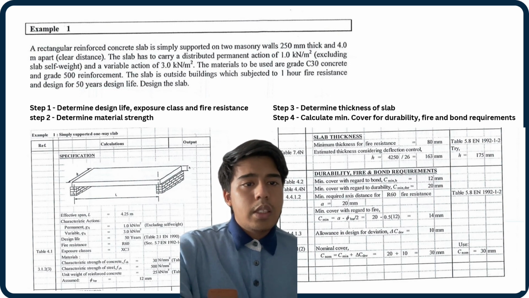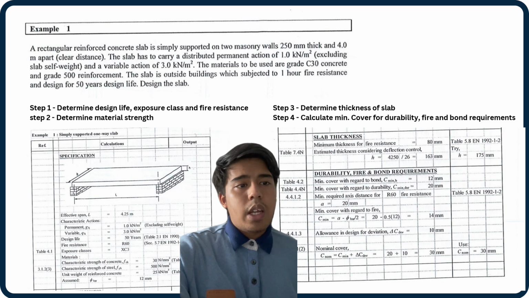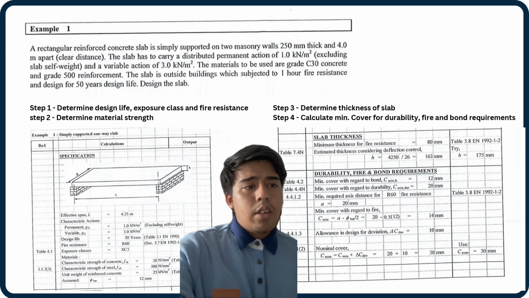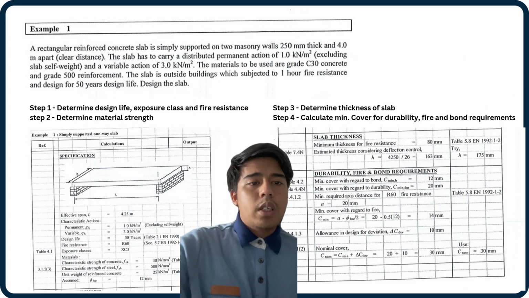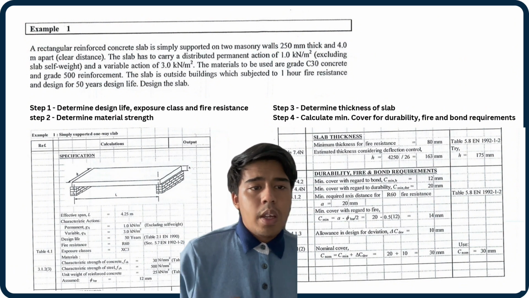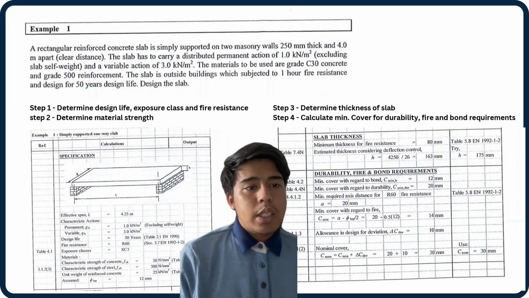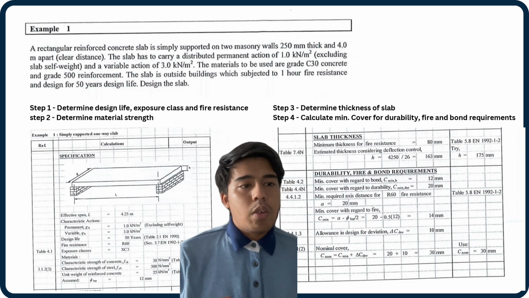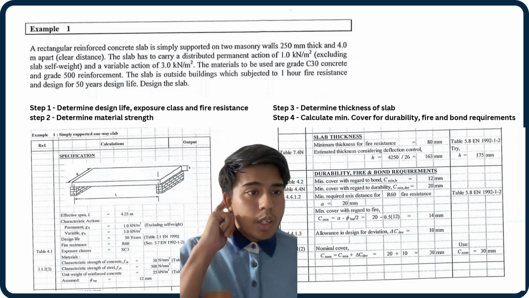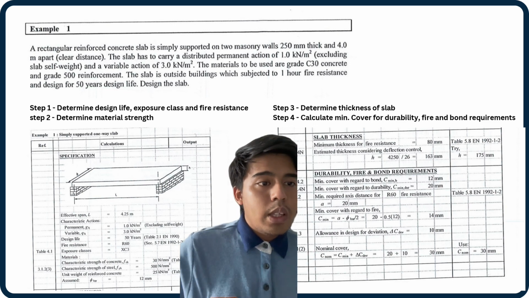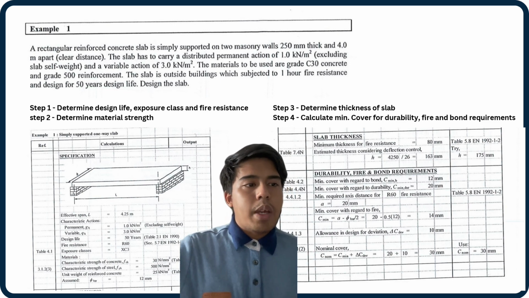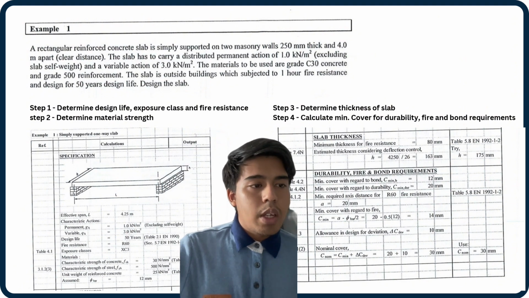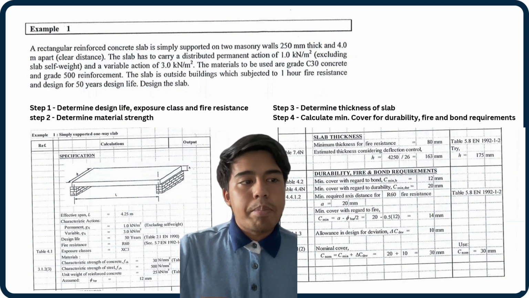Next, allowance in design for deviation, Cdev equals 10 mm. Last, we calculate the nominal cover, Cnom equals Cmin plus Cdev. From the values we got before, we insert 20 plus 10 equals 30 mm. So we use the value of Cnom as 30 mm.